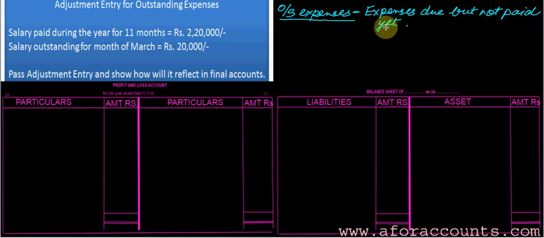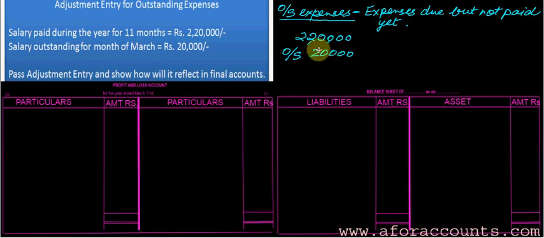We'll read the question to understand. Salary paid during the year for 11 months is 2,20,000. 2,20,000 is my cash expense. I've already paid it. And salary outstanding for the month is 20,000.